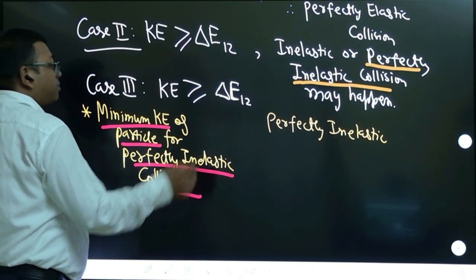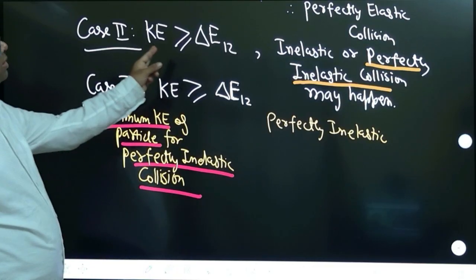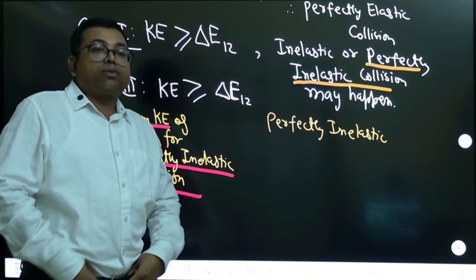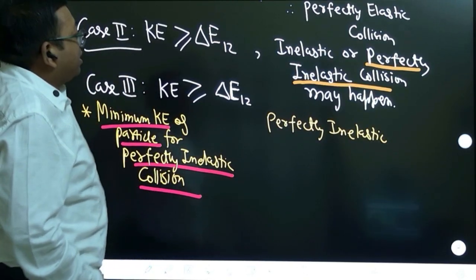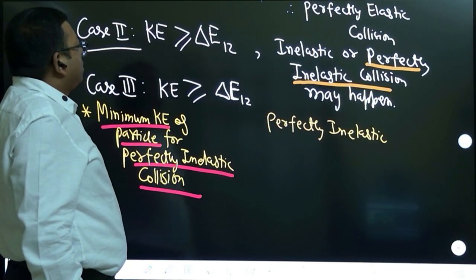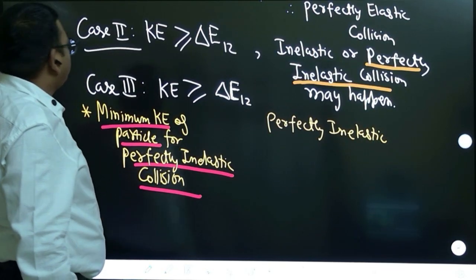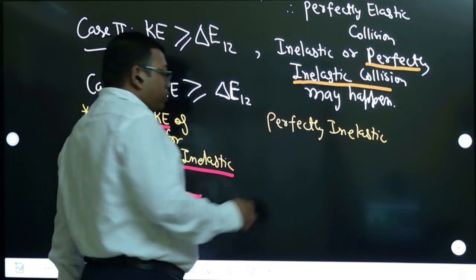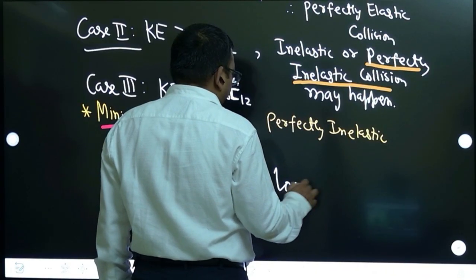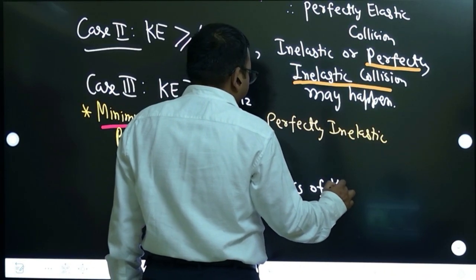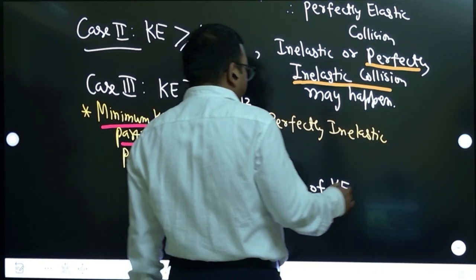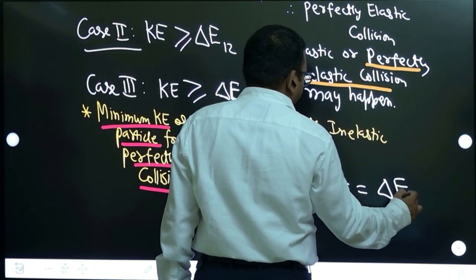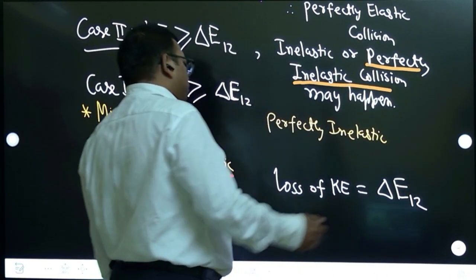Case 3 is the same as case 2, but there is a special calculation we are doing: the minimum kinetic energy of the particle for perfectly inelastic collision. In this case, perfectly inelastic as well as inelastic will happen, but we are going to take the perfectly inelastic collision. So we know the loss of kinetic energy that will happen, that loss of kinetic energy will convert into the minimum electronic transition from 1 to 2.